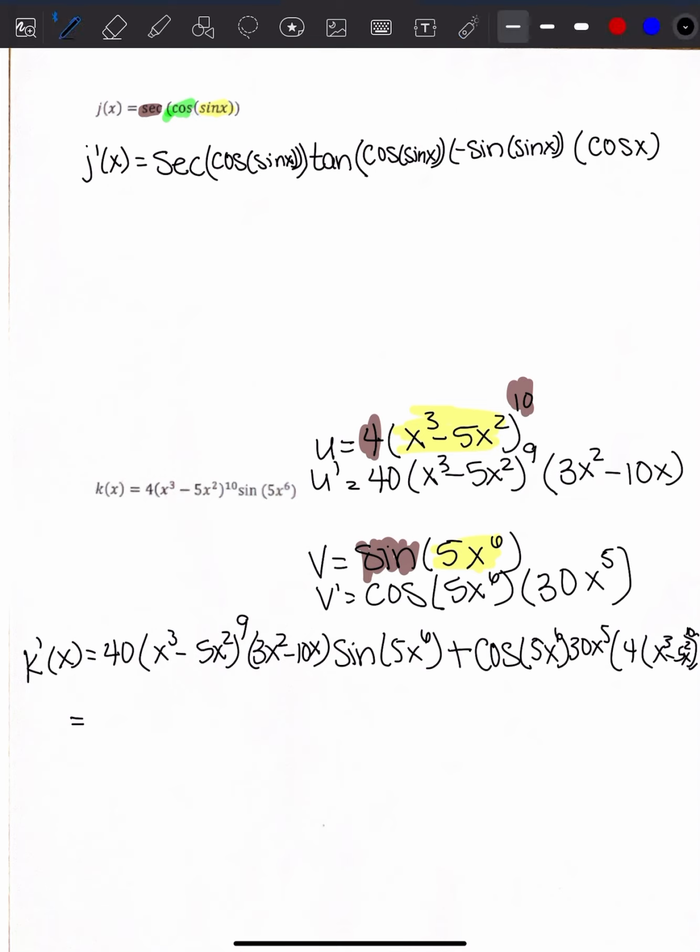So if I were to simplify this, I would probably do 40, and then I have my x cubed minus 5x squared.